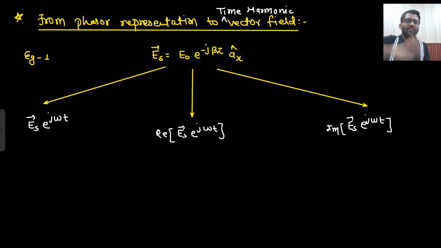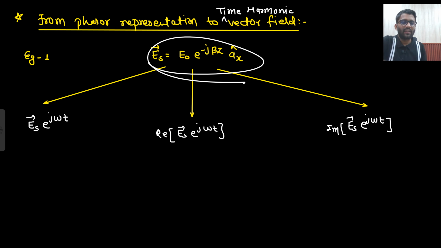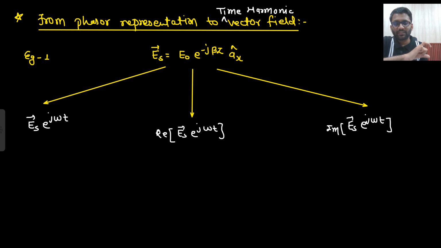Now let's say in some derivation I am getting this as my final answer. But I need to write down my answer not in phasor representation, but in time harmonic vector field. That means I need to introduce a time term. So I can either connect e to the power j omega t, or connect e to the power j omega t and write the real part, or write the imaginary part. So what am I going to get from here?